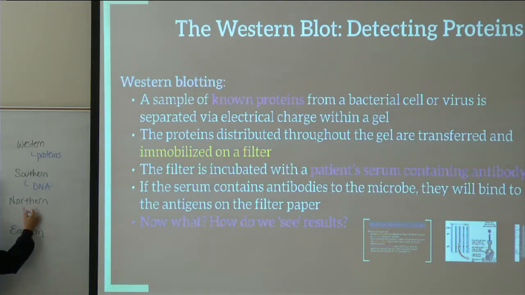Northern blotting uses RNA. Eastern blotting uses carbohydrates or lipids and so on. Western blotting is very, very common, as is Southern.